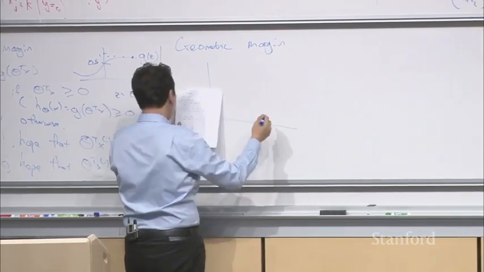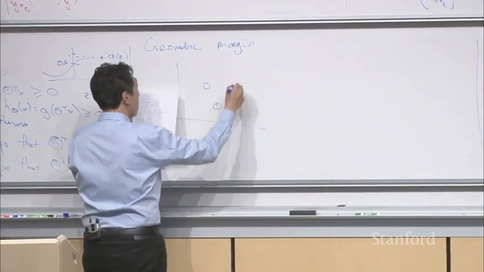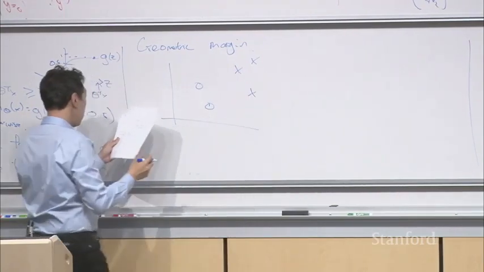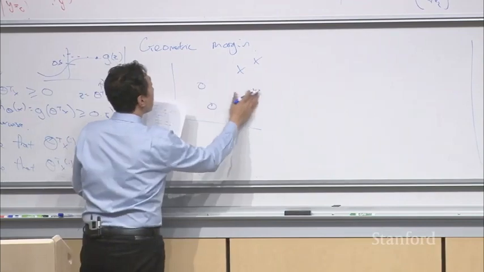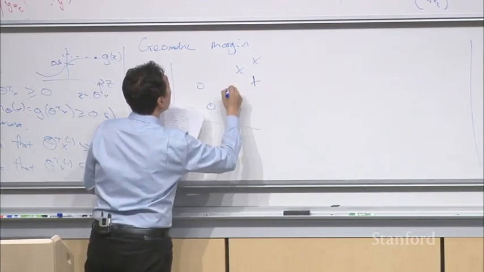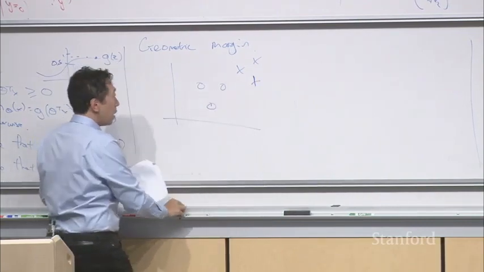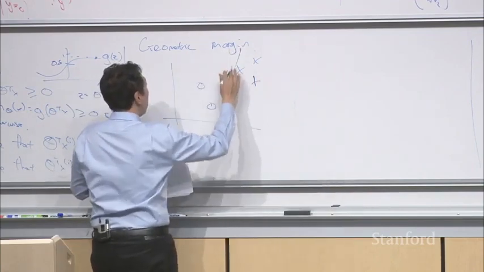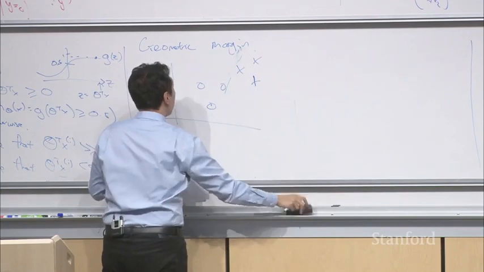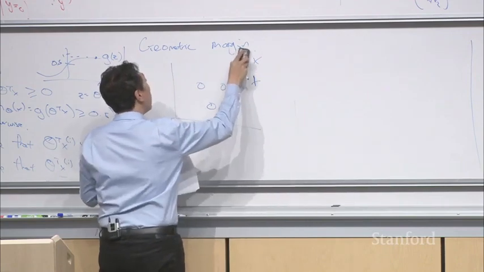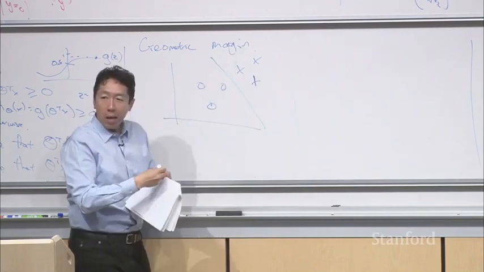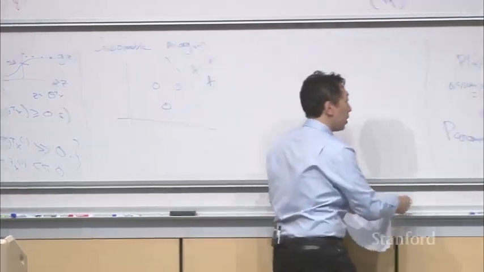For now, let's assume the data is linearly separable. So let's say that's the data set. That seems like a pretty good decision boundary for separating the positive and negative examples.